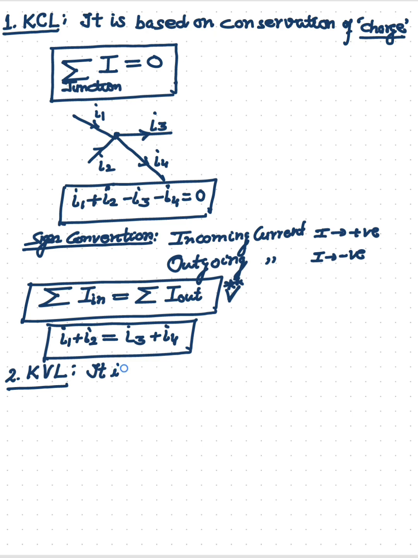It states that the algebraic sum of all EMFs and all IR drops in a closed loop is equal to 0.